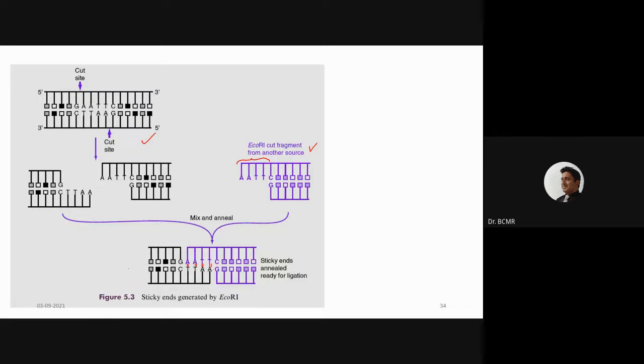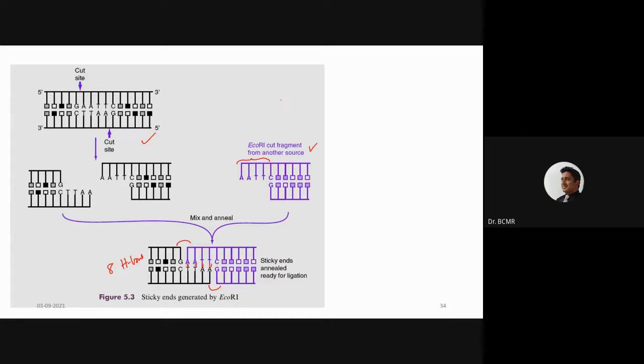How many hydrogen bonds are there? There are 8 hydrogen bonds, right? So this gap or nick is still there. Unless that nick is sealed, it is not very stable, because 8 hydrogen bonds holding 2 long DNA molecules will fall apart easily.